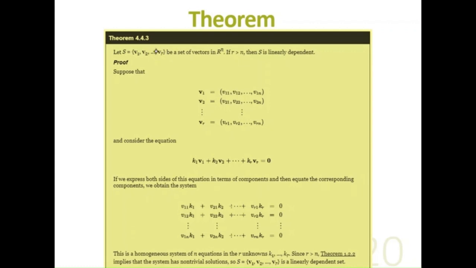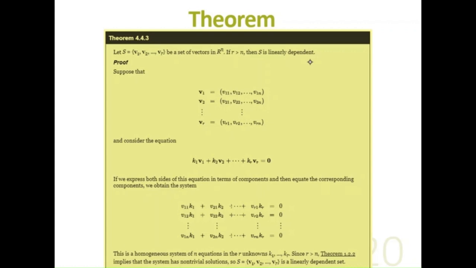So r is going to be your number of vectors that are in that set S. And here you have your real space, which goes out to the nth dimension. So what this is saying is that if you have r number of vectors in S, and if that's greater than your dimension, then S is going to be linearly dependent.